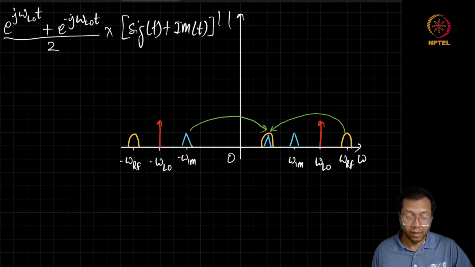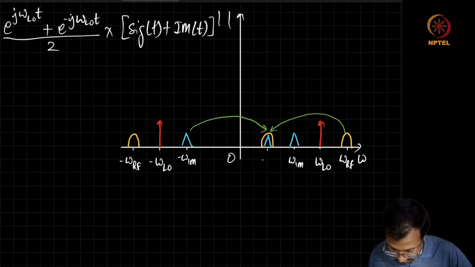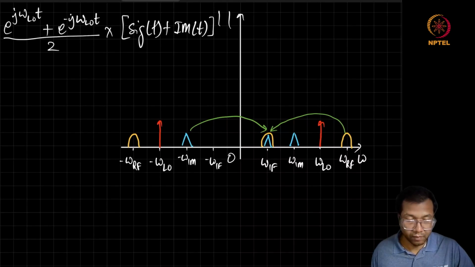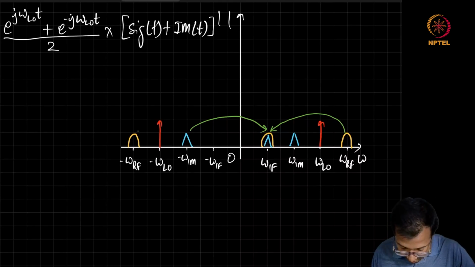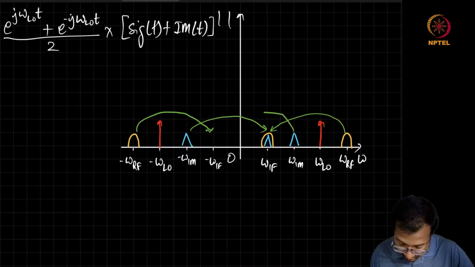Whereas when we are moving towards the left side, at frequency minus omega IF, we are going to get components from negative omega RF and positive omega IM.